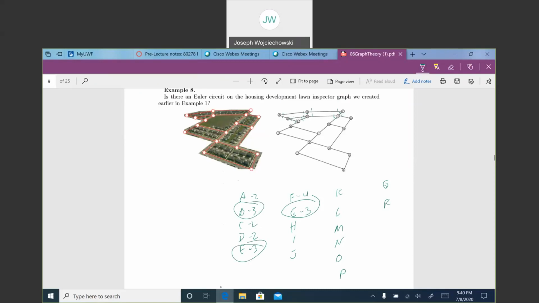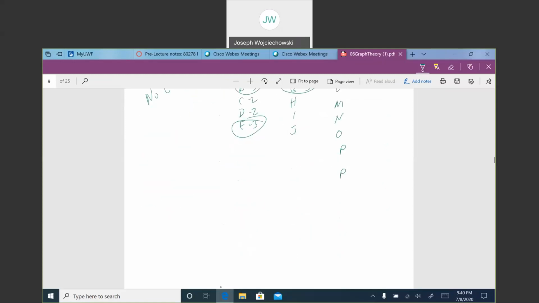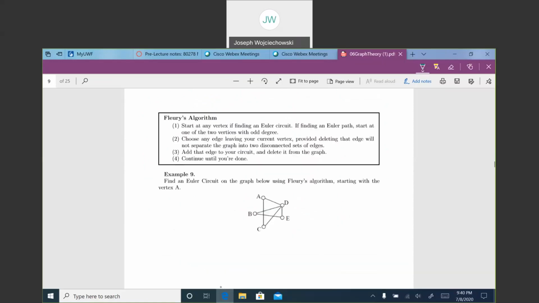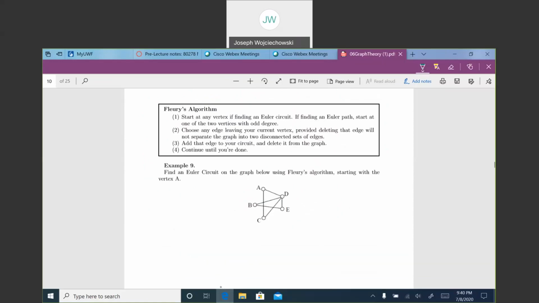We already got 3 vertices with odd degrees, so that tells us no Euler path, no Euler circuit. So she wouldn't be able to do it without counterbalancing.